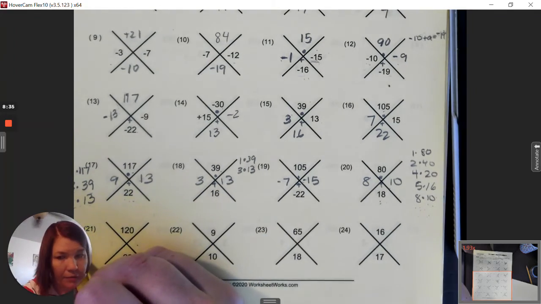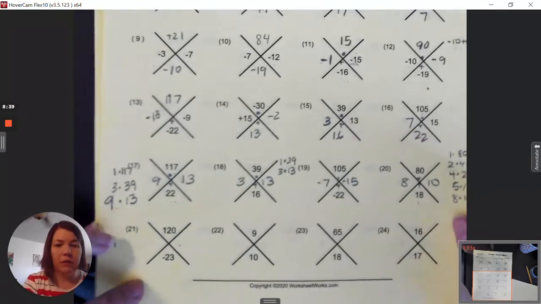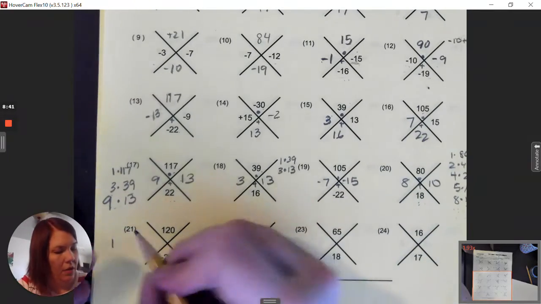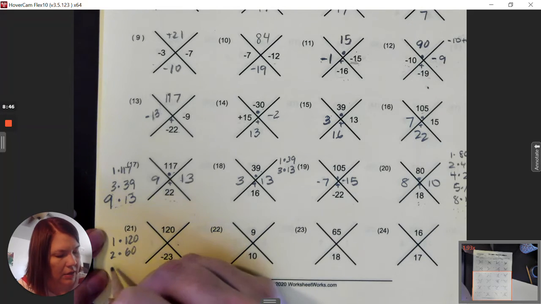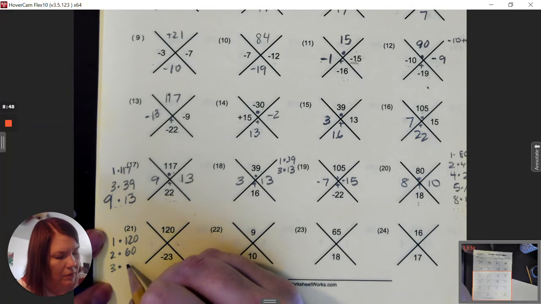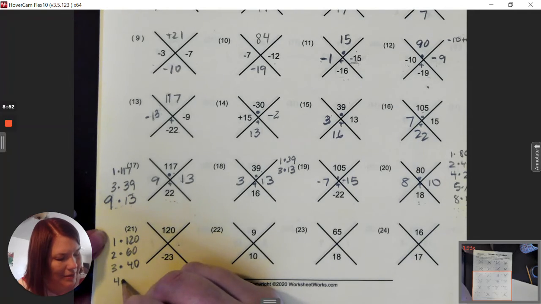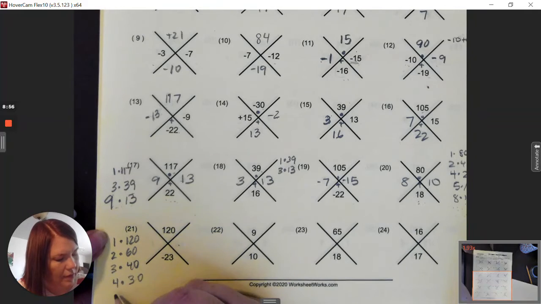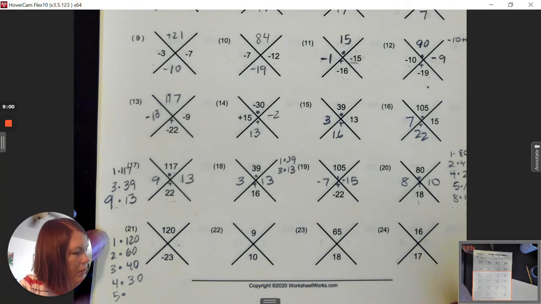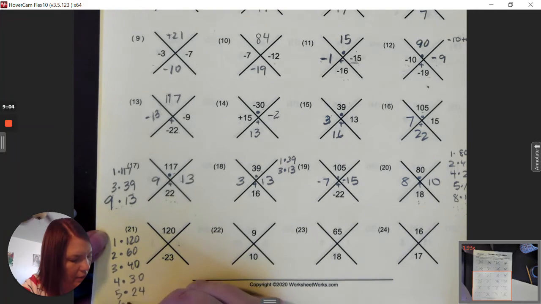Let me shift this because my head is now in the way. 1 times 120, 2 times 60, 3 times 40, 4 times 30, 5 times 24, 6 times 20, really close, but not quite.